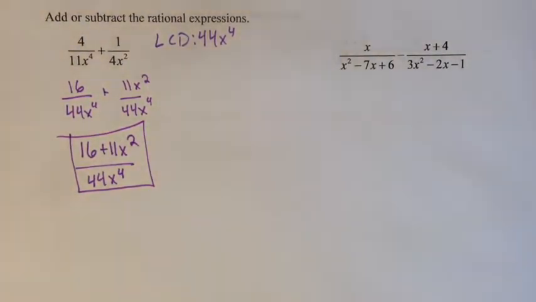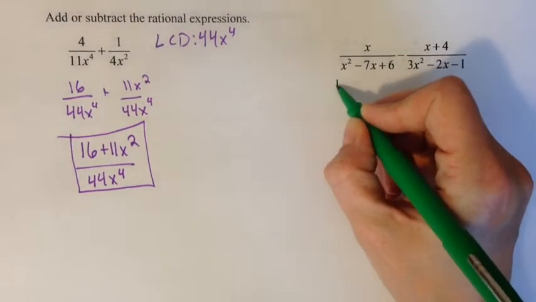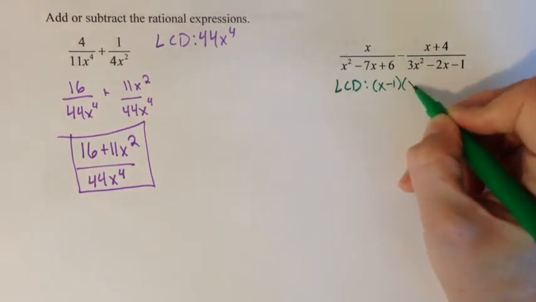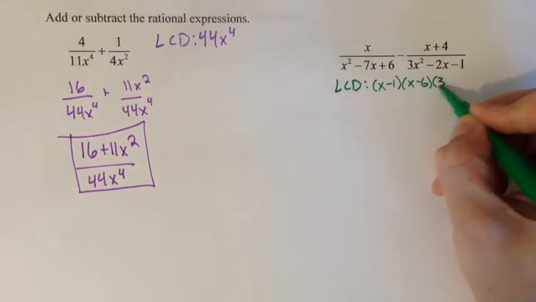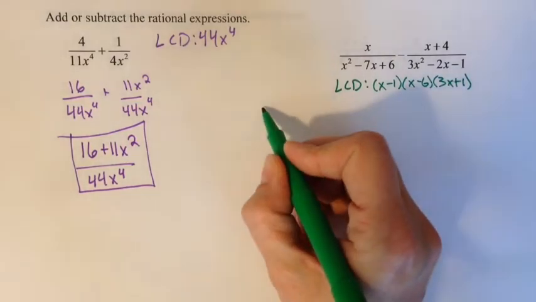My second question is asking me to subtract these two expressions. Now remember, I already found that the least common denominator for these two was (x minus 1)(x minus 6)(3x plus 1). And we already rewrote them to have that same denominator. So we can use that work that we've already done.